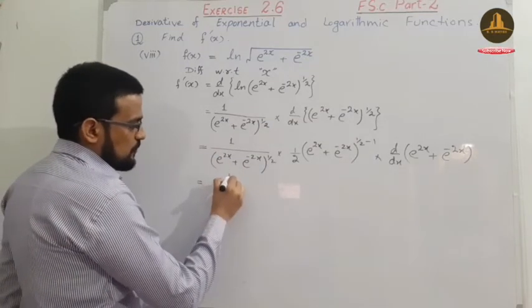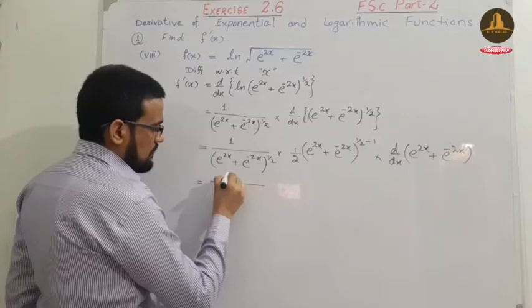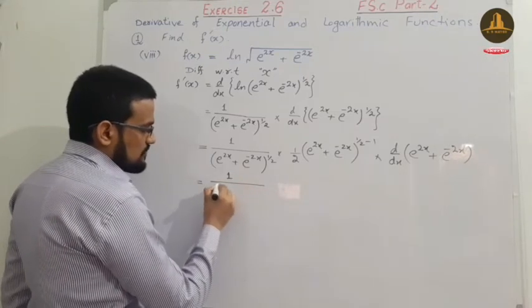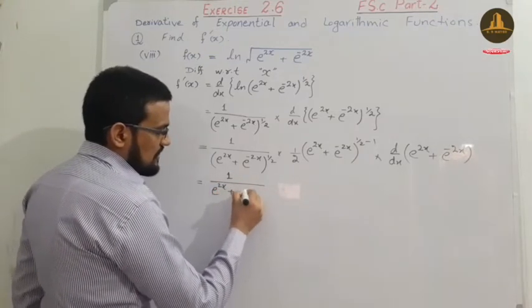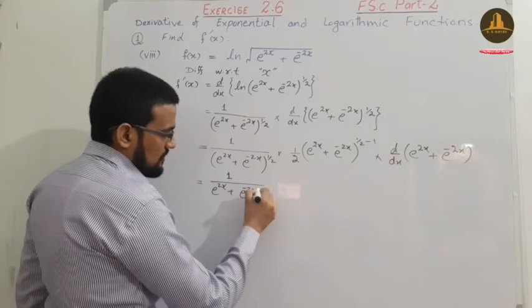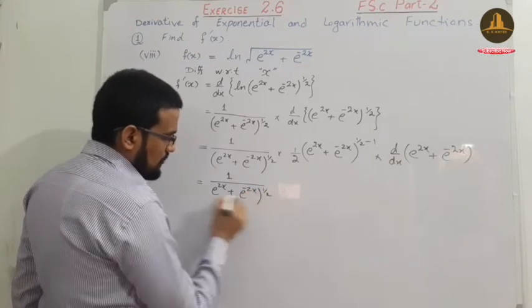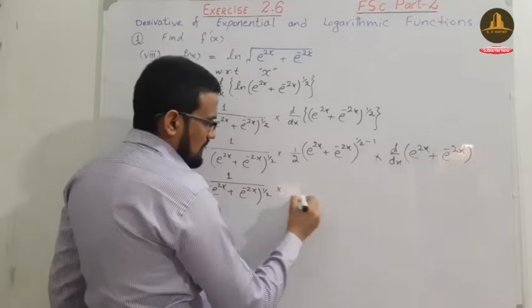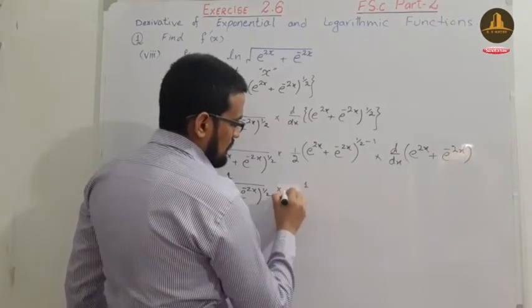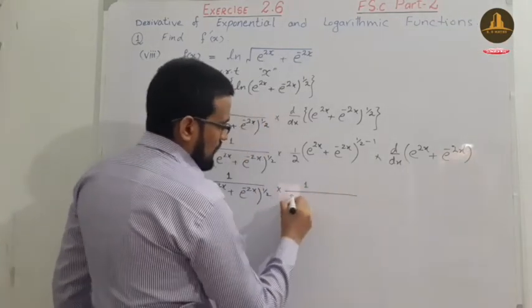Then it becomes 1 over e raised to power 2x plus e raised to power minus 2x, power 1 by 2, multiplied by 1 by 2.